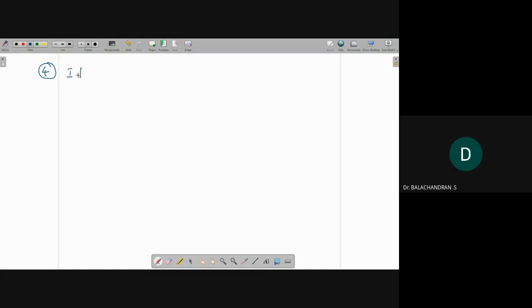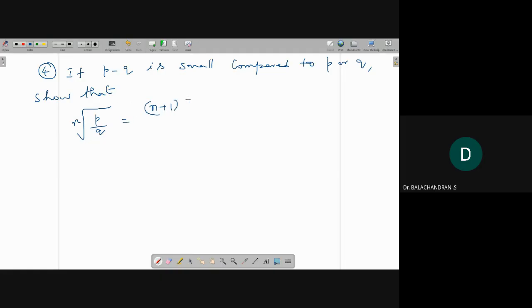If p minus q is small compared to p or q, show that the nth root of p by q is equal to (n plus 1) into p plus (n minus 1) into q.